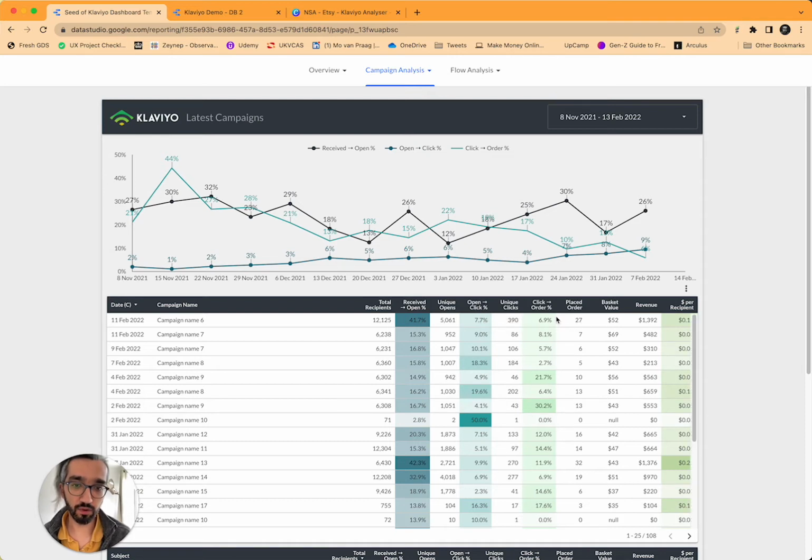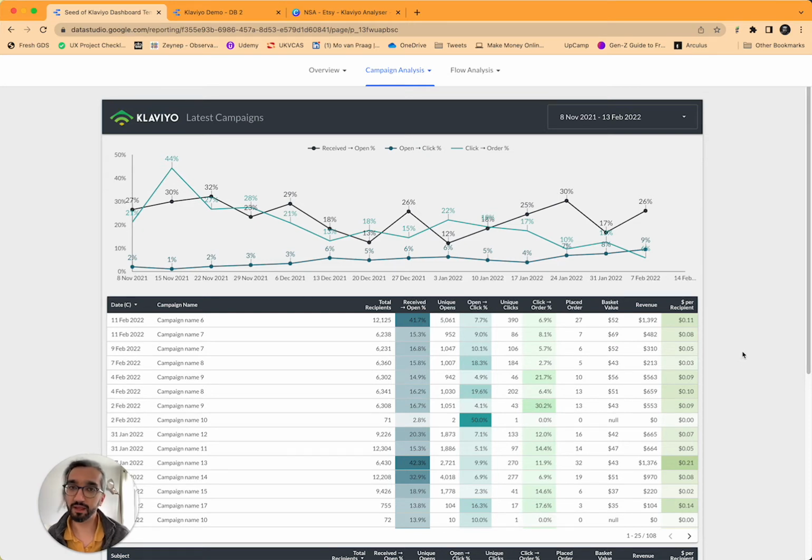And click to order, which is one of the important metrics if you aim to make money running Klaviyo campaigns. So this is the number of placed orders, which is the transaction, average order value, total revenue, and also this is my favorite metric, which is revenue per recipient.